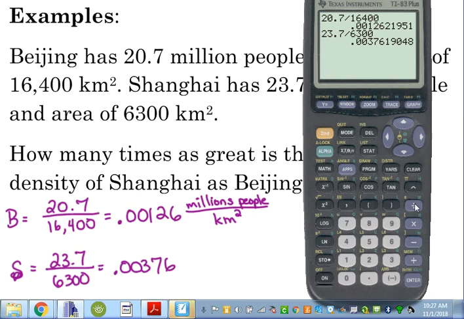We've got to figure out how many times greater. What does it look like? How many more times greater? 3. Okay, if we multiply 0.0012653, pretty close to that number.